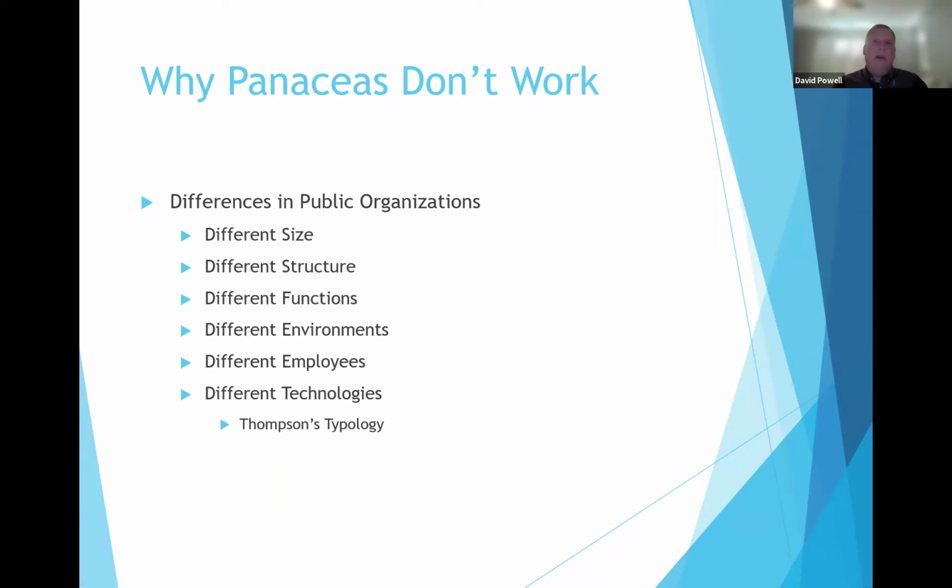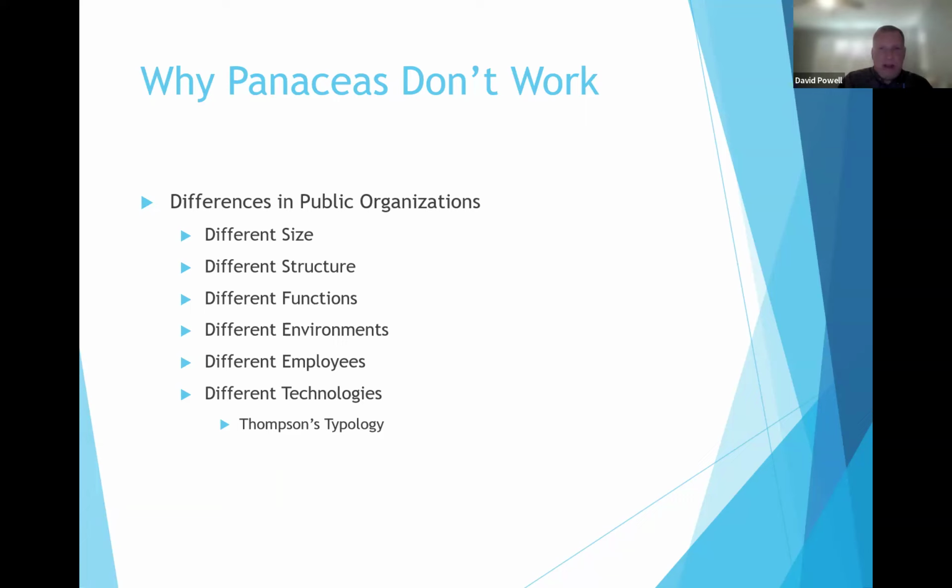Different types of employees in different types of organizations. Some organizations have a large amount of their employees who are in very technical fields. Others are in more human services types of fields. So you think about the employees that work for the Department of Public Social Services, DPSS. Compare that to the employees who might work at MTA or OCTA.